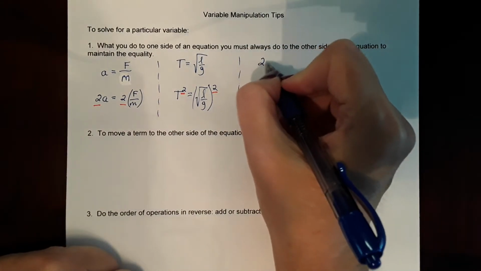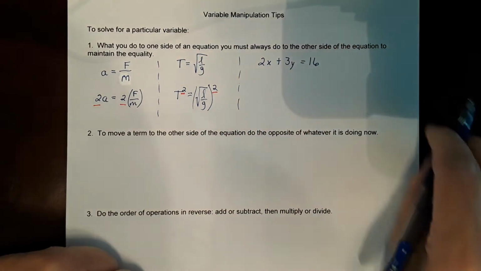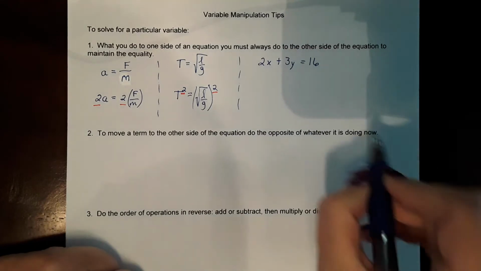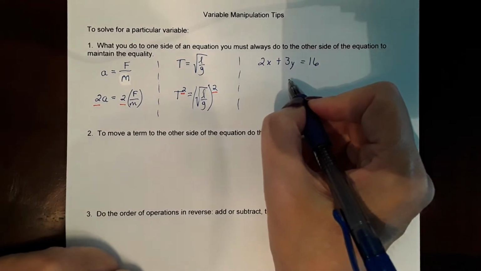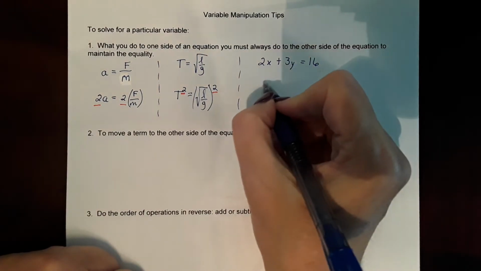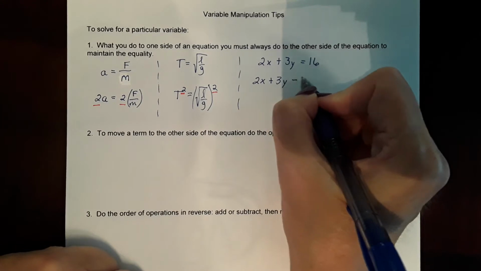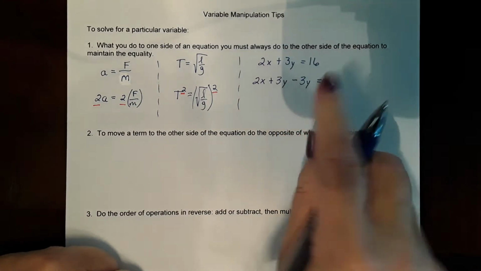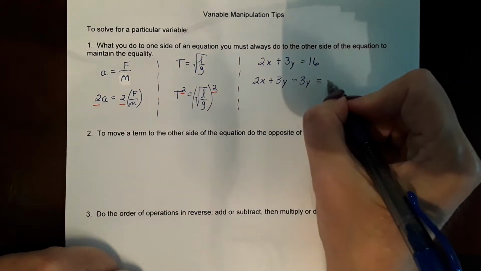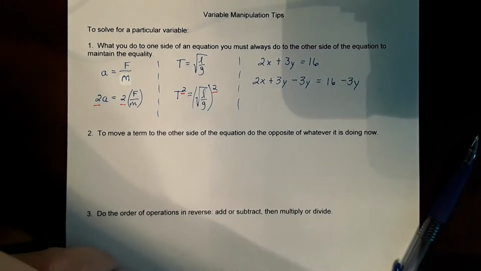Lastly, let's suppose we had a formula like this. Okay? And let's say that I want to subtract 3y from this side. So I would say 2x plus 3y minus 3y. But if I subtract 3y from this side, I have to subtract it from this side as well to maintain the equality.